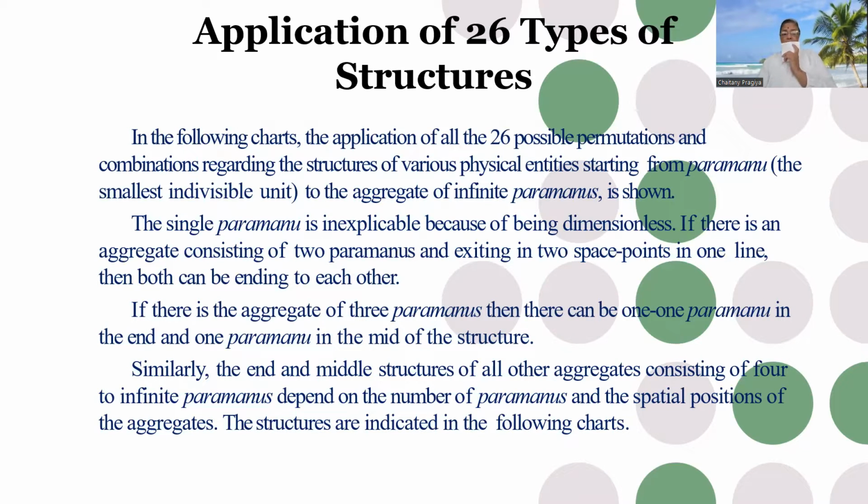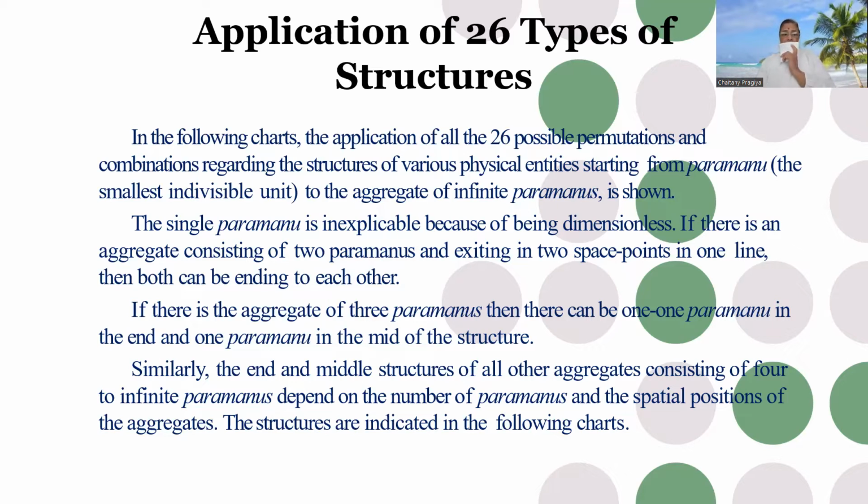Now we would see what kind of 26 types of structures have been shown in this particular chapter. So in the following charts, we would see that there are 26 types of permutations and combinations of different structures of physical and non-physical entities.